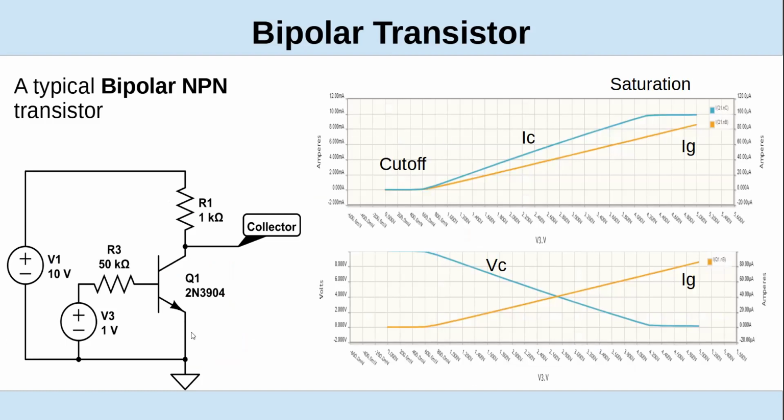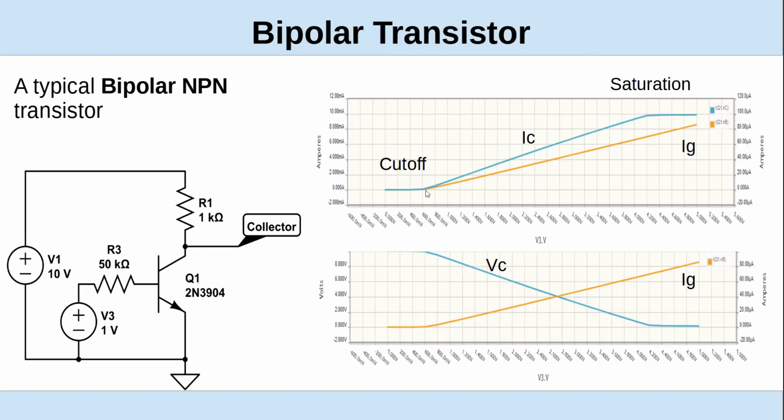I did a simulation of a typical 3904 NPN transistor. It's a very common one. It's used in all sorts of stuff, been around for years. And you can see the blue line is the collector current, and the yellow line is the, oh, I got a G there. Should have been the base current. And the scales are opposite sides.